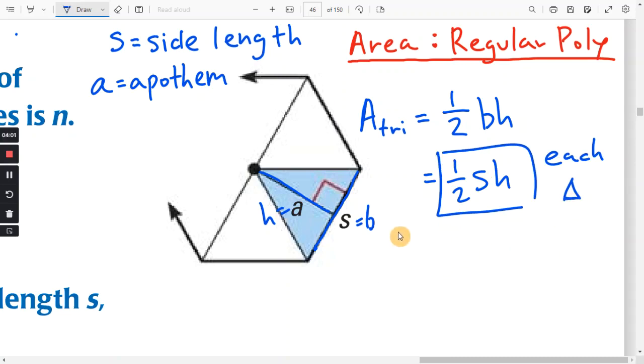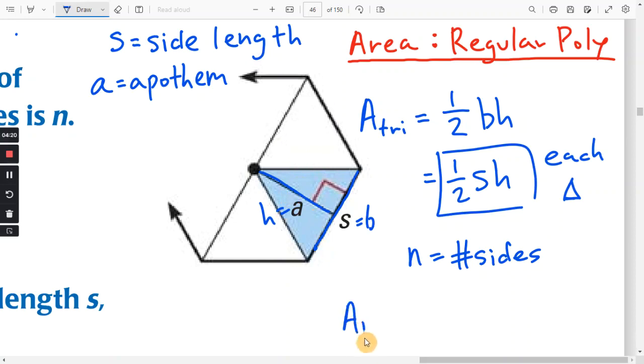And now we can let N equal the number of sides. Of course, the number of sides is going to equal the number of triangles as well.